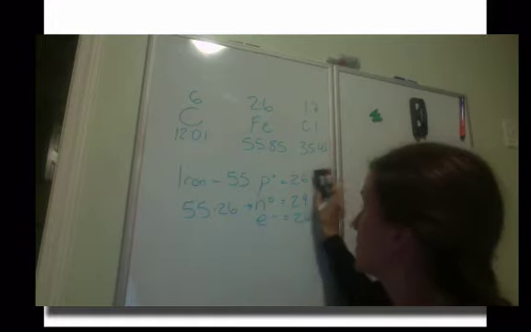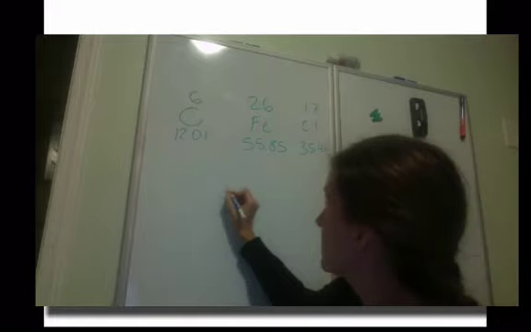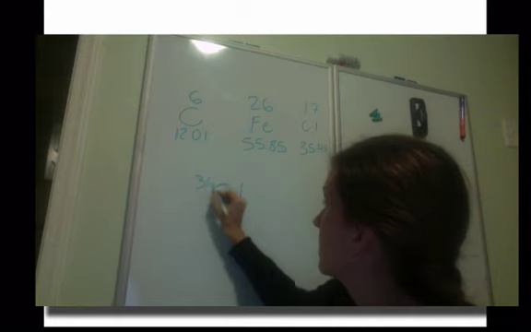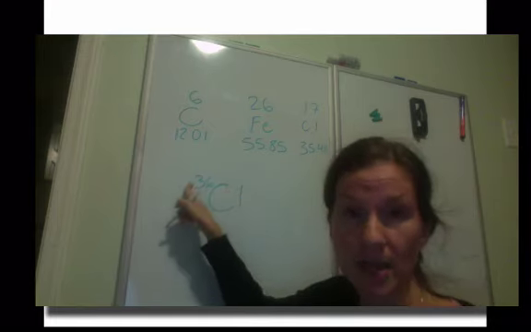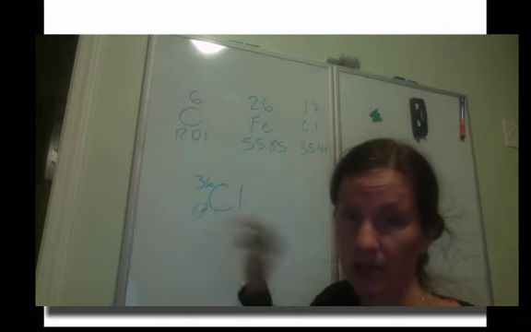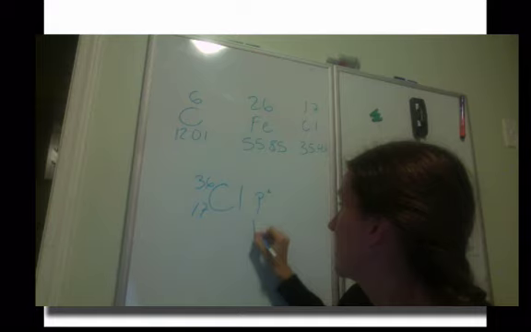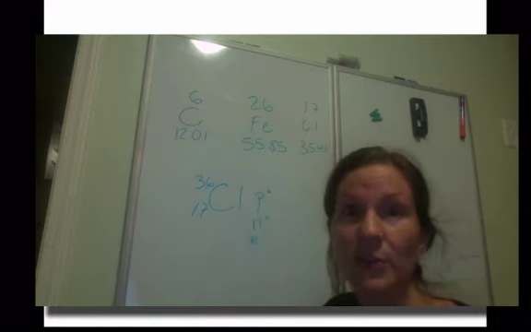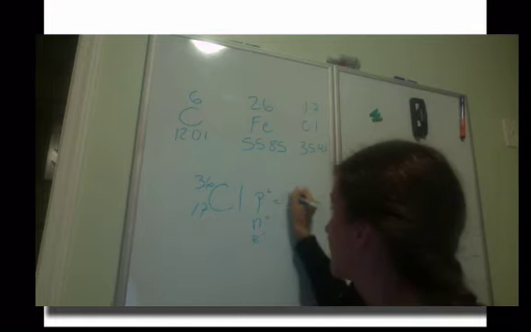Now, what if I use superscript and subscript? So we'll do chlorine for this one. Your bigger number, your mass number, is on top, and your atomic number is on bottom. Same question, how many protons? How many neutrons? How many electrons? I've given you protons this time because I gave you the atomic number.